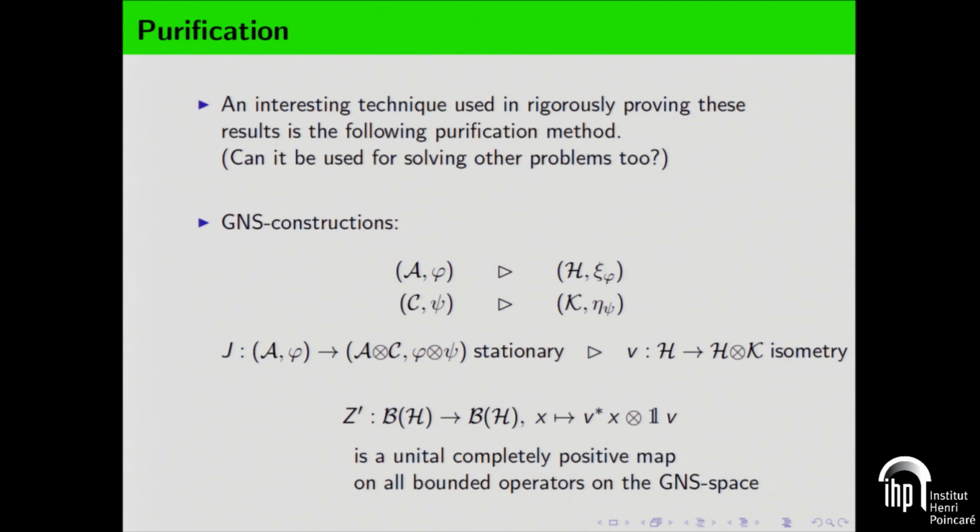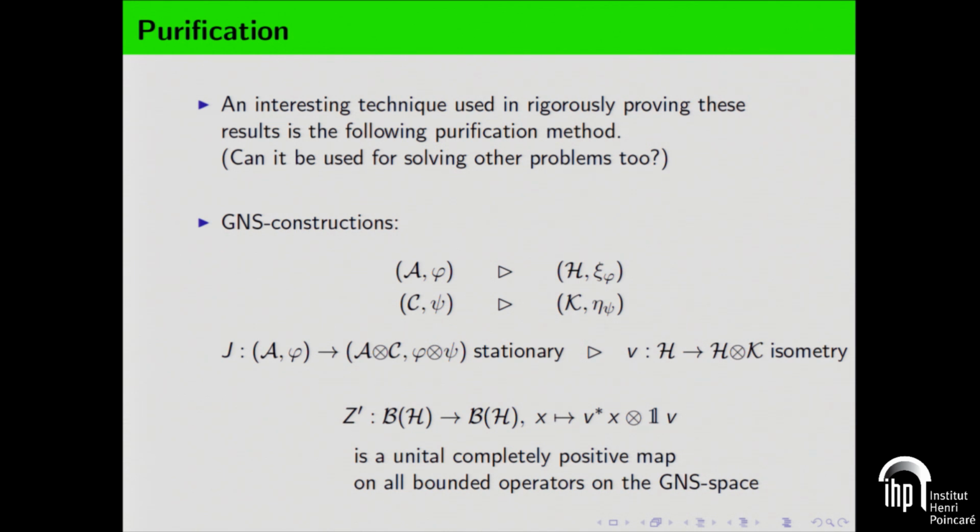And now we just use this isometry to build a CP map, via the usual Stein-Spring formula. If you have any operator X in B of H, we can map it to V star (X tensor 1) V, and we get a unital completely positive map on all bounded operators on the GNS space.